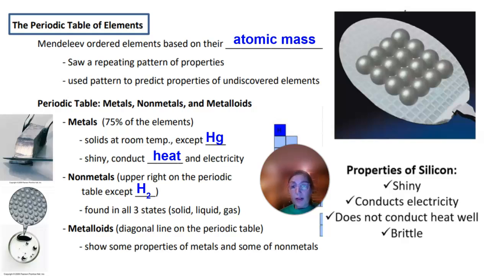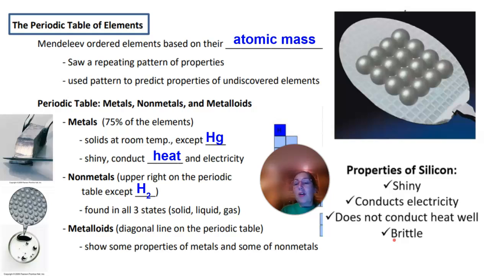And it's really brittle and can break easily. A lot of the nonmetals are brittle, while a lot of metals, like pictured on the upper left, are smooth and could be cut with a knife, even though they're solids at room temperature.